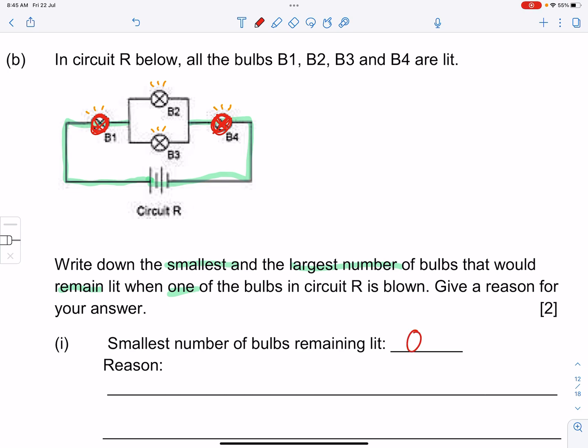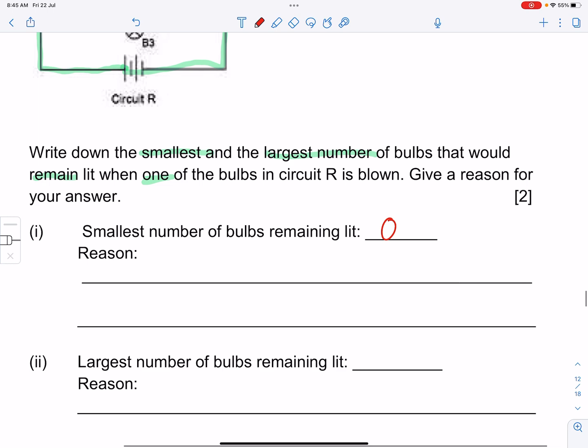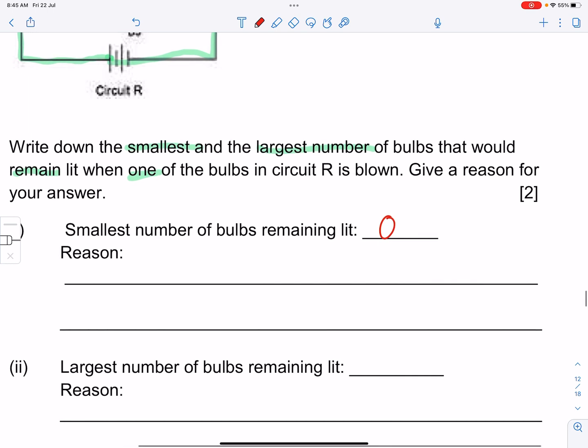Okay, and then we craft the answer for this, because now we understand why. So you would say that B1 and B4 are arranged in series. So the definition of series is basically where the bulbs are arranged one after another and there is no alternative pathway. So you see there's no alternative pathway. Once it's blown, it's blown.